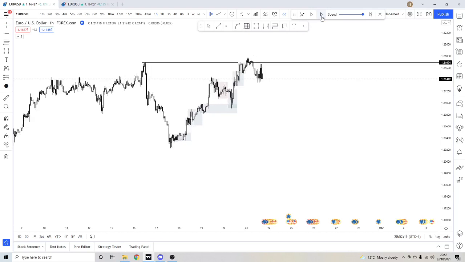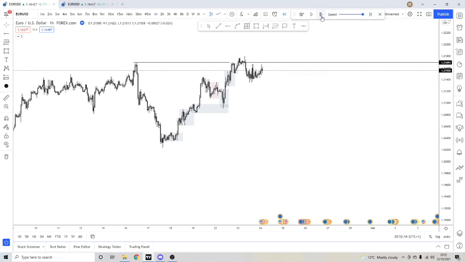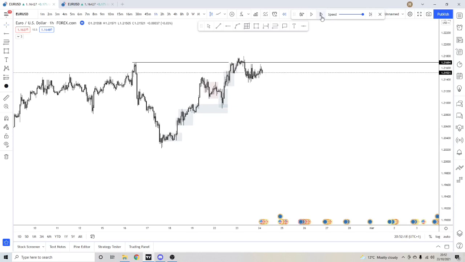Now, this is important as well to understand our high time frame narrative, that we wanted to make higher prices and we're with the trend, because look at this. This is horrible. We don't want to be in this. You see how these all get respected and then you get this.